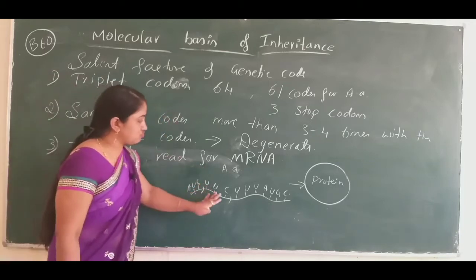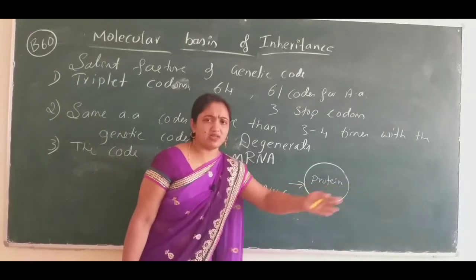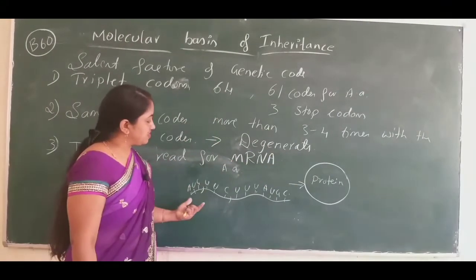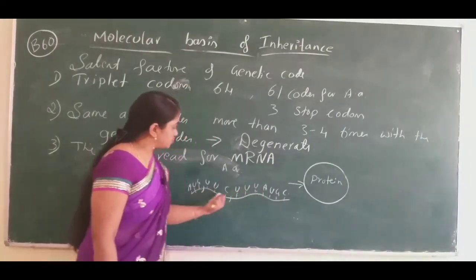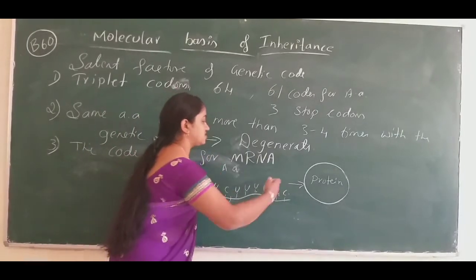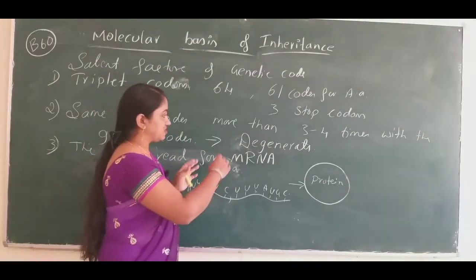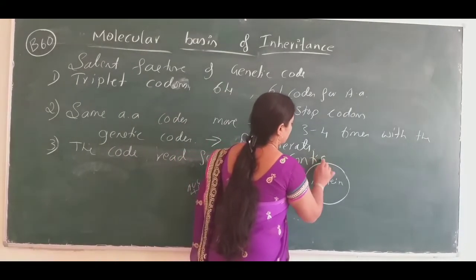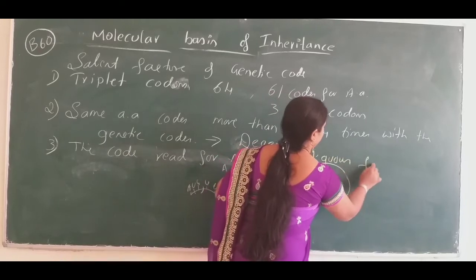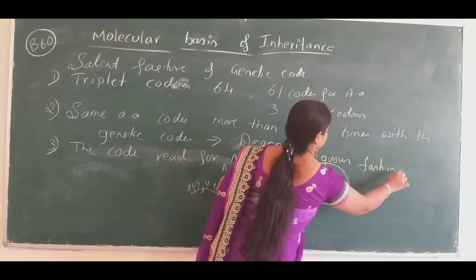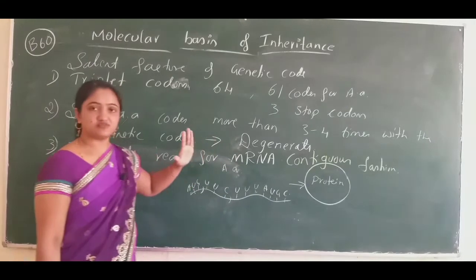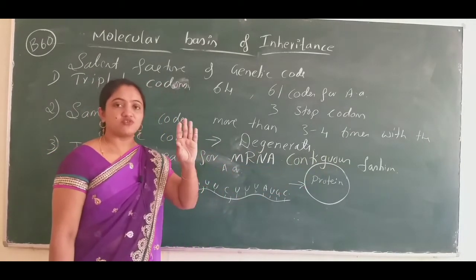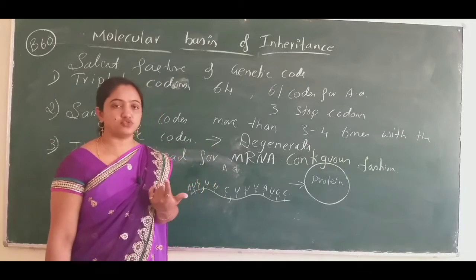If it has to synthesize any protein molecule, it should be in a continuous fashion. In your book they have mentioned it as contiguous fashion. Contiguous fashion means without any punctuation, without any comma or any full stops.